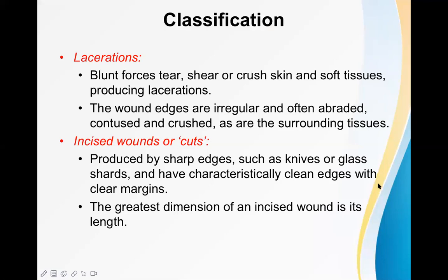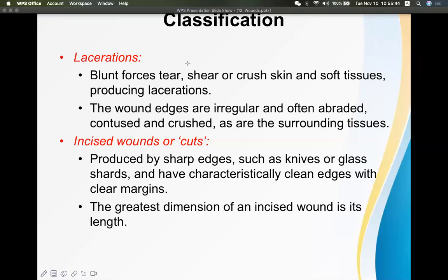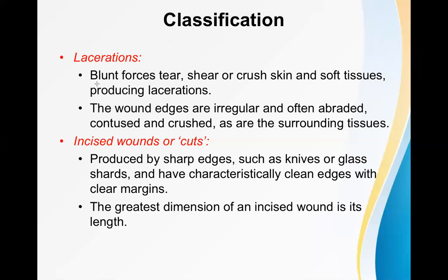Now let's move on. The other type of wound is laceration. Lacerations are a severe type of wound. Now let's know the meaning of laceration. They are also caused by blunt forces, but these blunt forces are slightly sharper. It is not by a big flat stone.